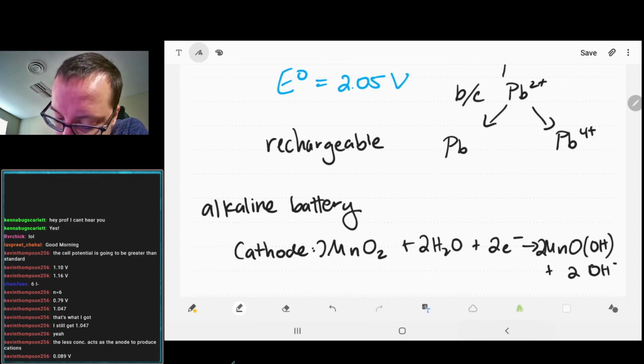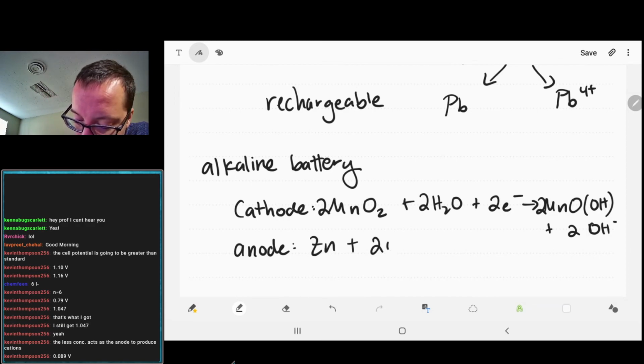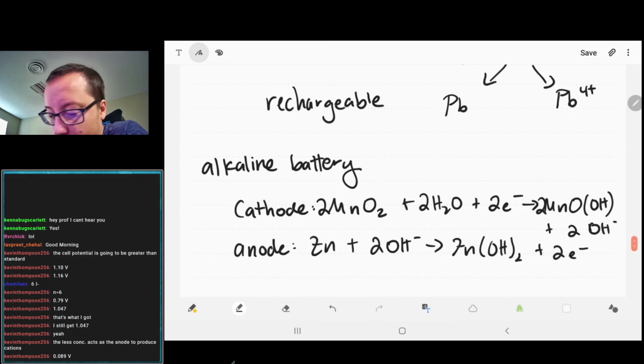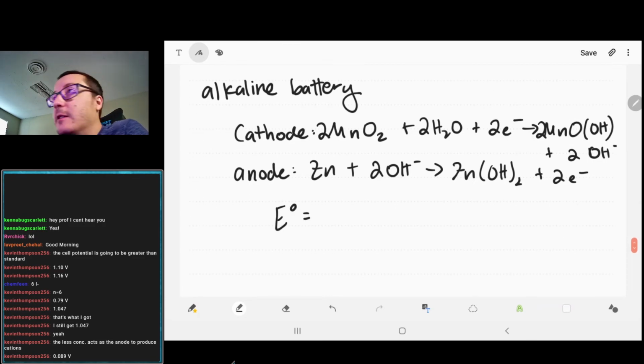Note that these are alkaline, so they're basic batteries. So we are balancing in basic solution, essentially. We have hydroxides instead of acid, as we had in the other one. The anode for these batteries is usually zinc, and you're going to form zinc hydroxide plus our 2 electrons. We can calculate E for these just like before.